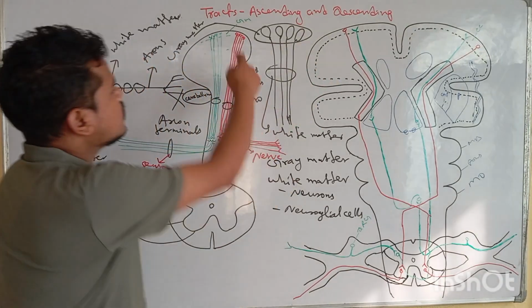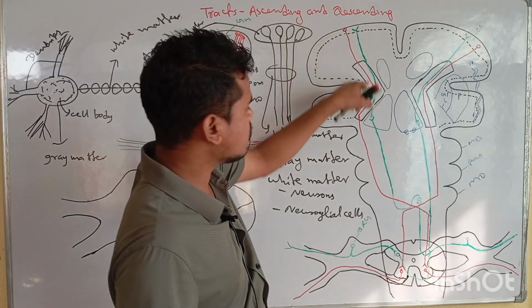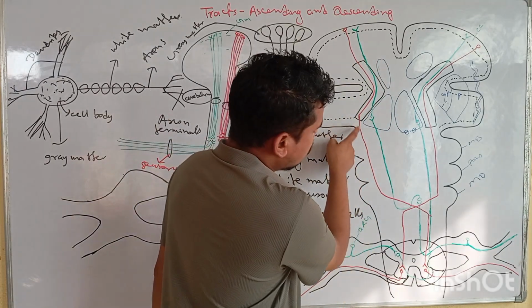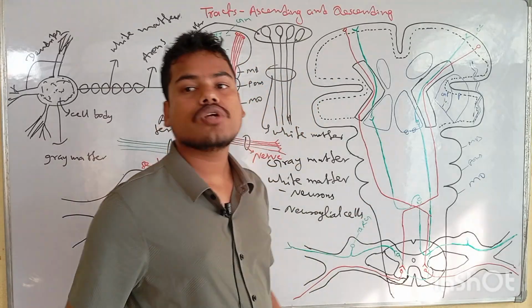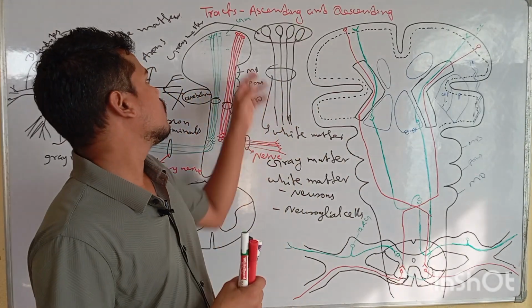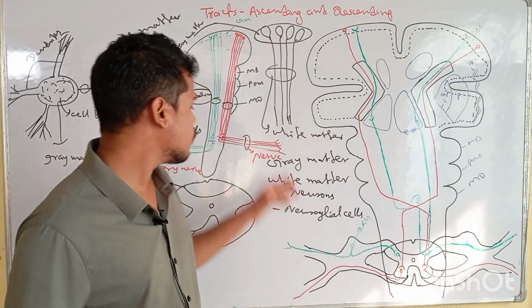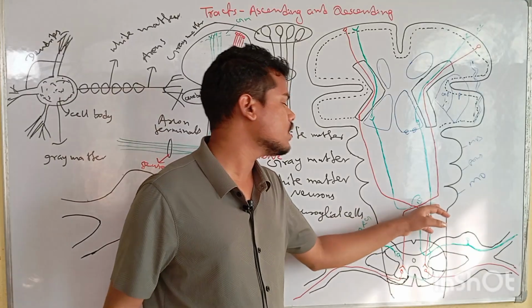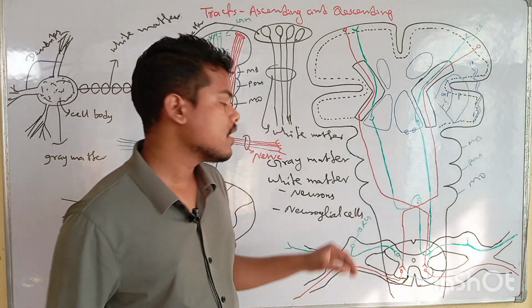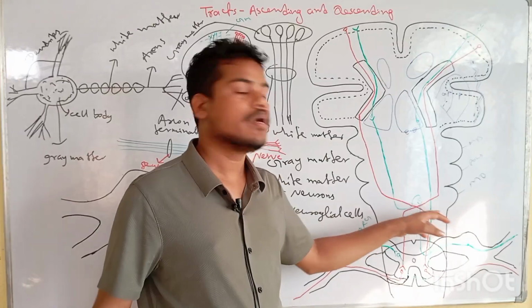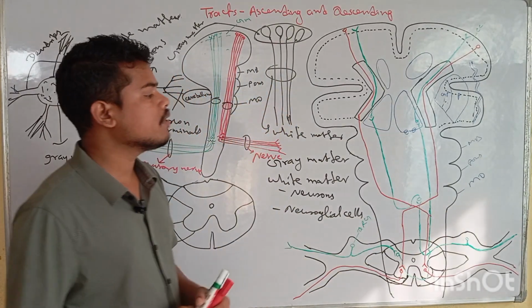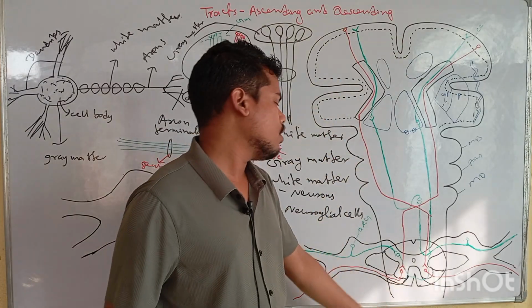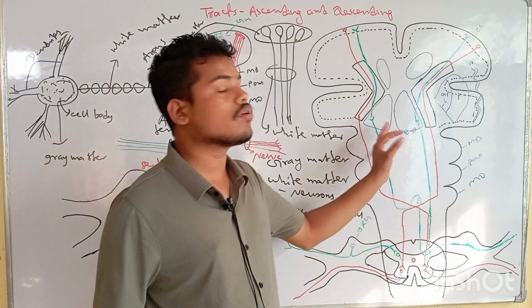And there will be the same thing, descending fibers from the cerebral cortex. Again it will come through the internal capsule. Most of the descending fibers are corticospinal tract fibers. Nearly 90% of the fibers will decussate, or cross to the opposite side, at the medulla oblongata, and around 10% of fibers will go to the spinal cord uncrossed.